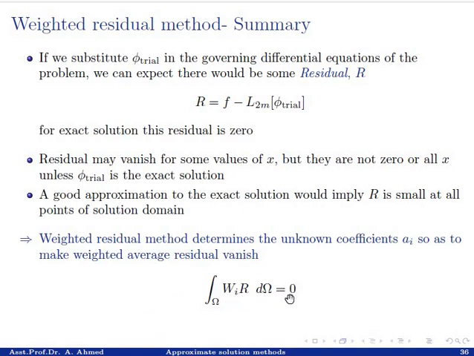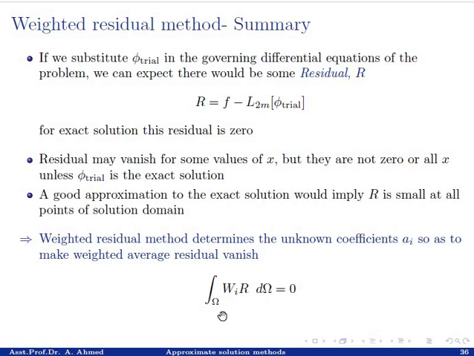So this is the key equation for the weighted residual methods, that we want the residuals to be close to 0. And then the problem is to determine the unknown coefficients ai so as to make the weighted average vanish over the whole domain. So over the whole domain, in an average sense, the residual must vanish, or it must approach 0.